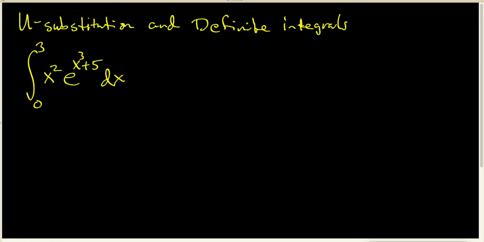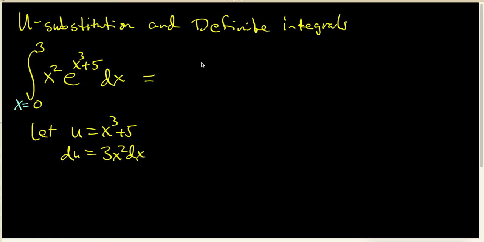And the first step is I want to remind myself that these are going to be x values. And I'm simply going to do that by labeling it as x goes from 0 to 3. And I start out the same way I do with any U substitution. I'm going to let U be x cubed plus 5. du is going to be 3x squared dx.